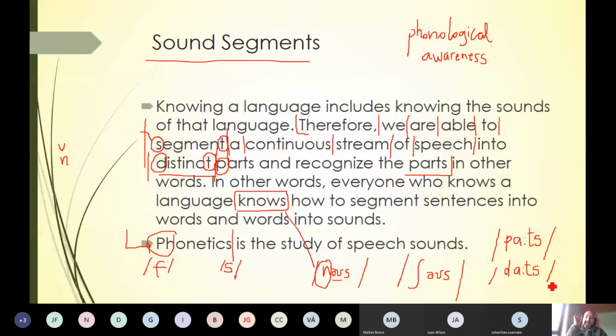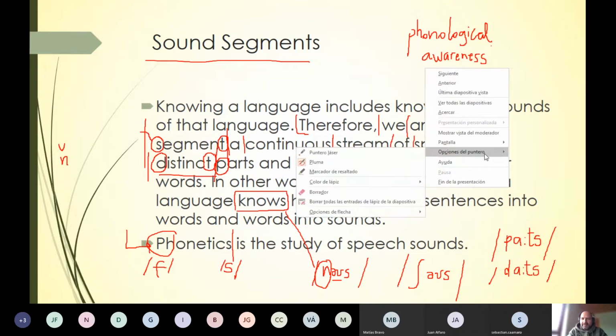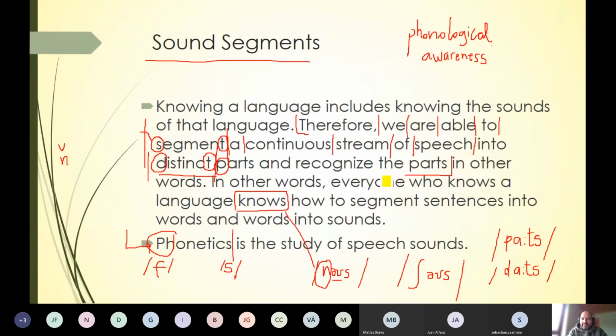Darts, which is the game, you know, the game which is called dardos, right? And when you throw these darts, lanza los dardos, darts, right? When you were taught how to rhyme, you focused on the final sound, right? The final vowel sound, and the consonants in the end. Parts, darts.